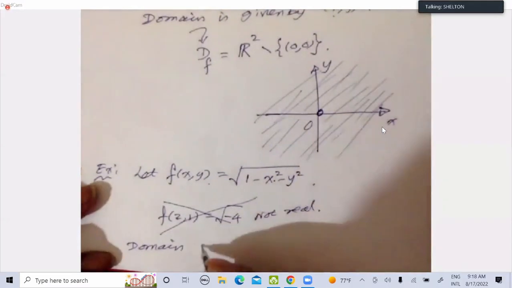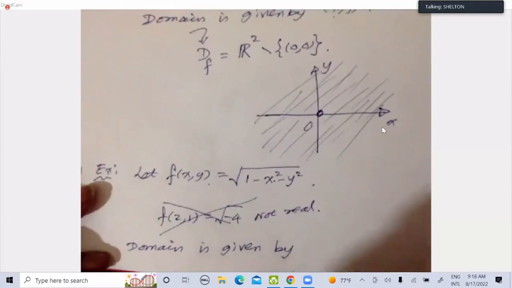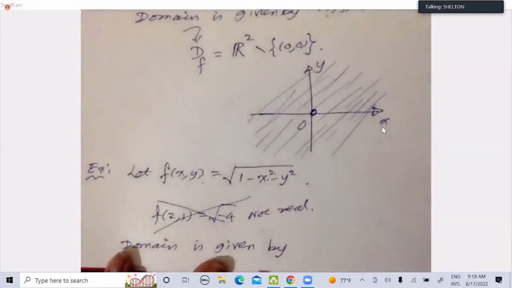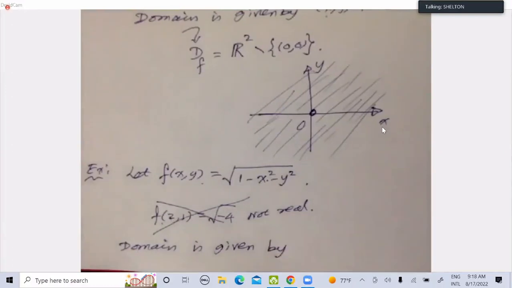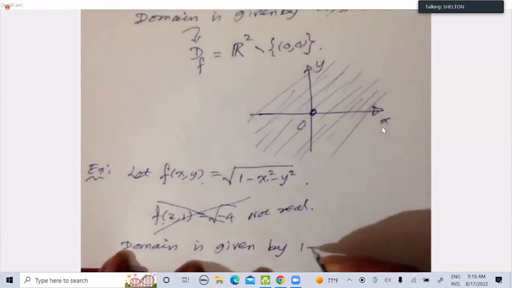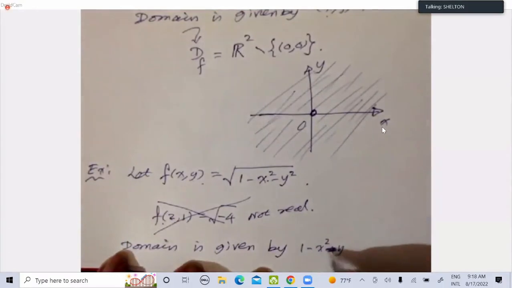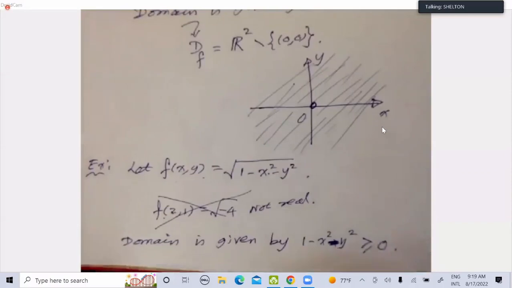Domain is given by, yes, there is a square root. Inside of the square root must be nonnegative, otherwise it won't make sense as a real number. Like here, some points are not in the domain. Domain is given by 1 minus x squared minus y squared greater than or equal to 0.